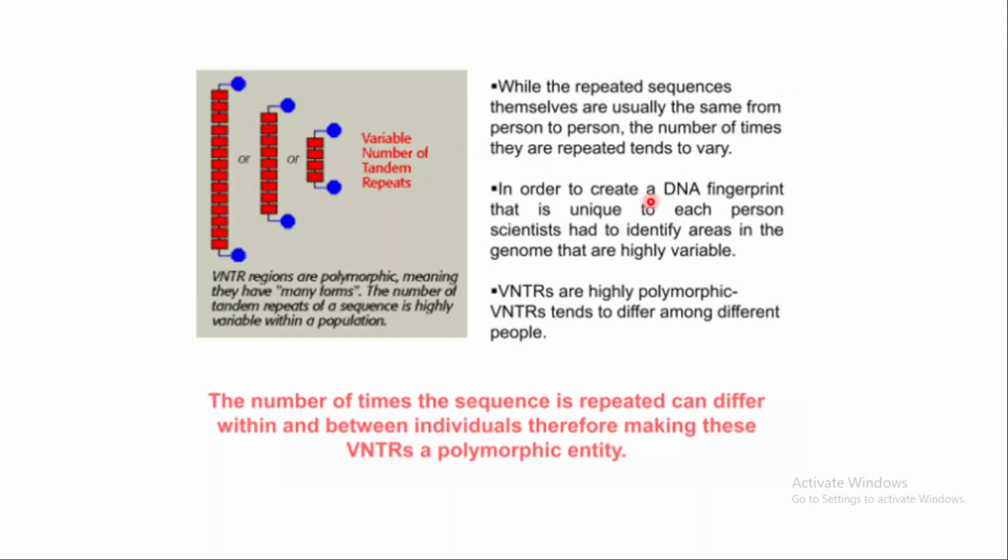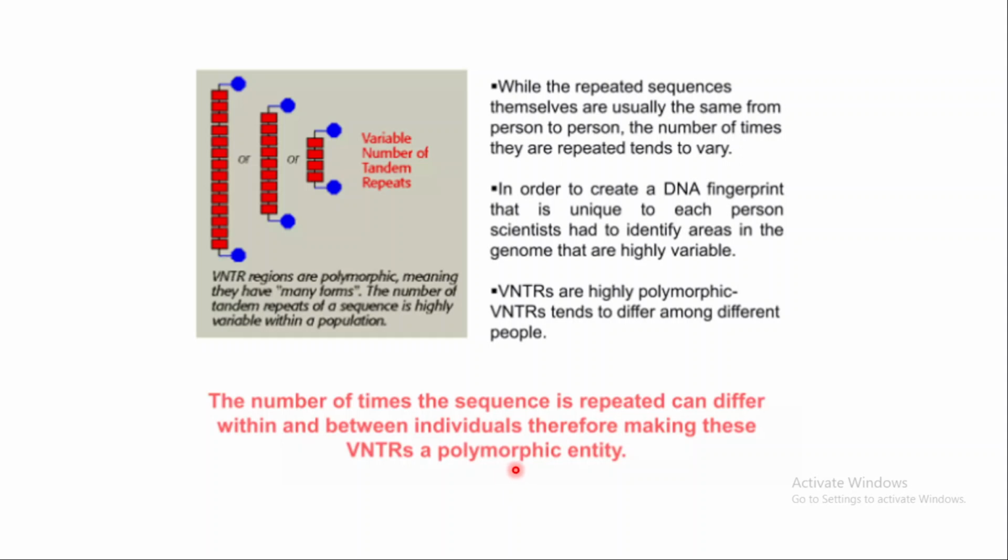In order to create a DNA fingerprint that is unique to each person, scientists had to identify areas in the genome that are highly variable. VNTRs are highly polymorphic and tend to differ among different people. That is the advantage of using them as a genetic marker. The number of times the sequence is repeated can differ within and between individuals, therefore making VNTRs a polymorphic entity.